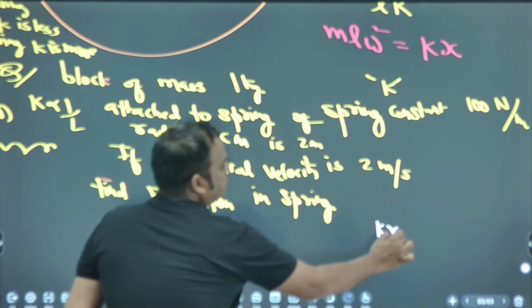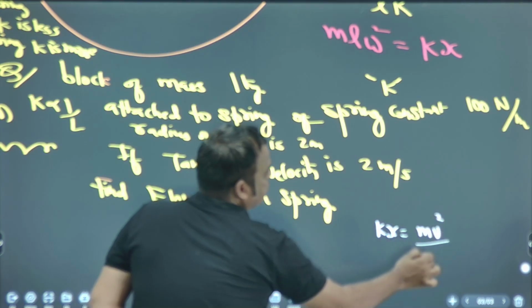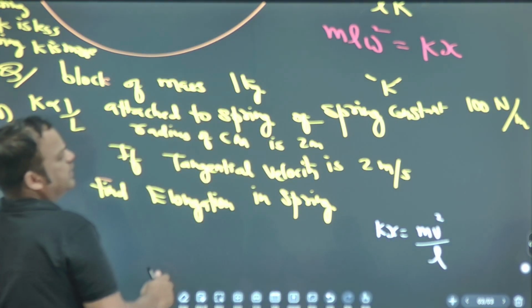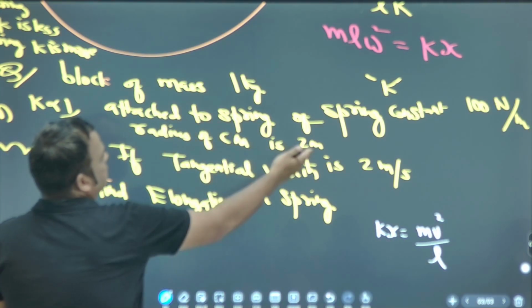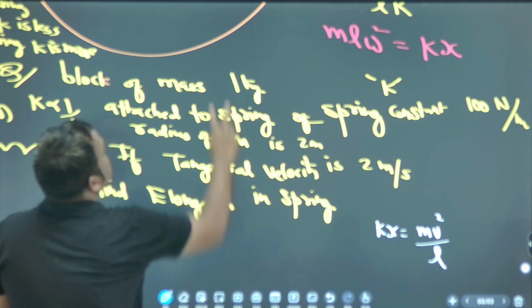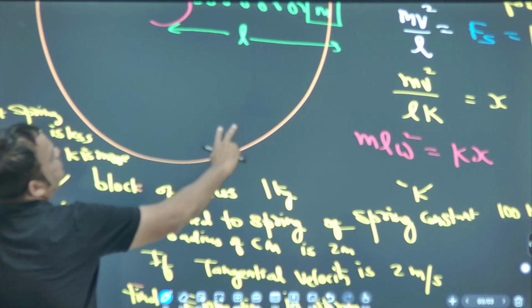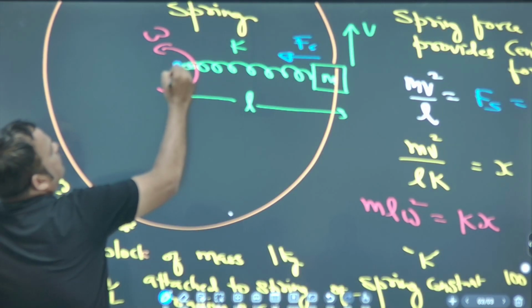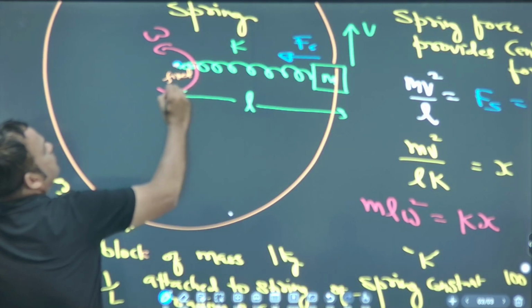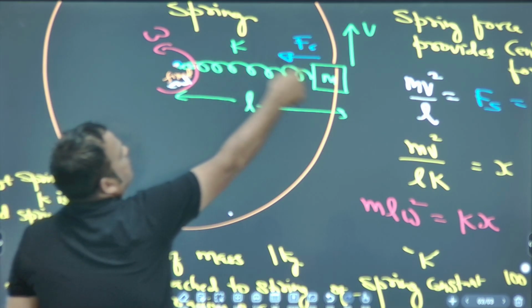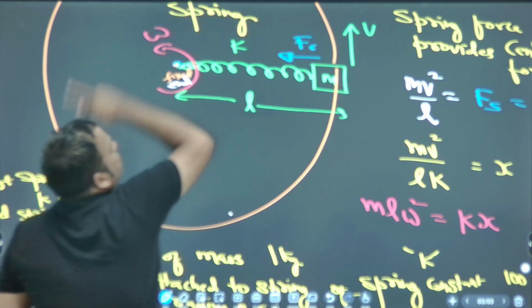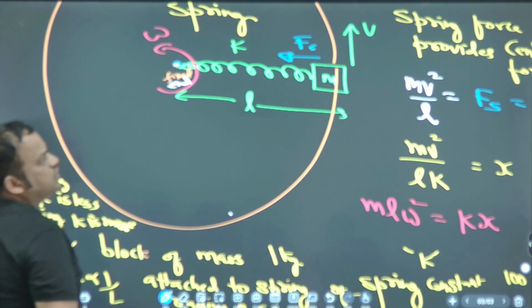So kx is equal to mv square by l. What is the length? What is radius? Radius is given. Okay, clear? This question: spring is there, this is the fixed end, and at the other end you have connected a block. Block is performing circular motion.